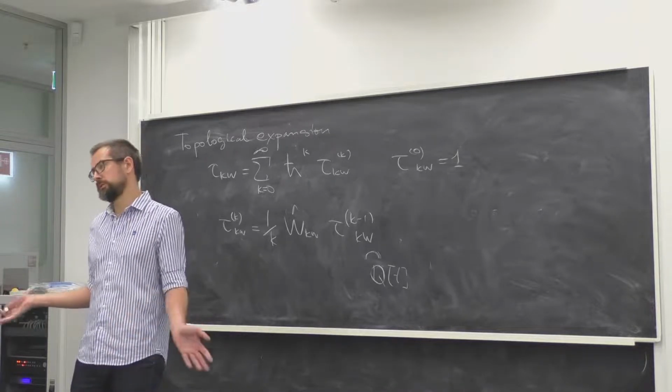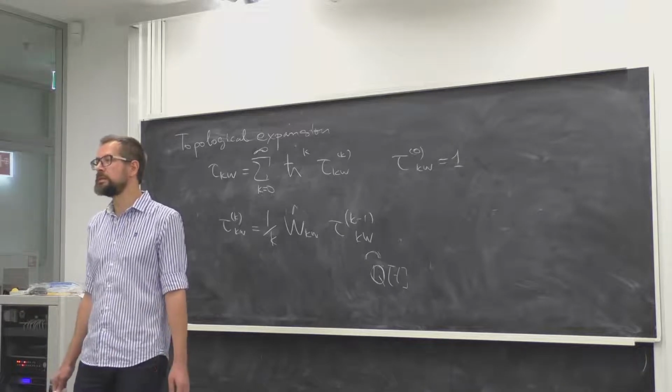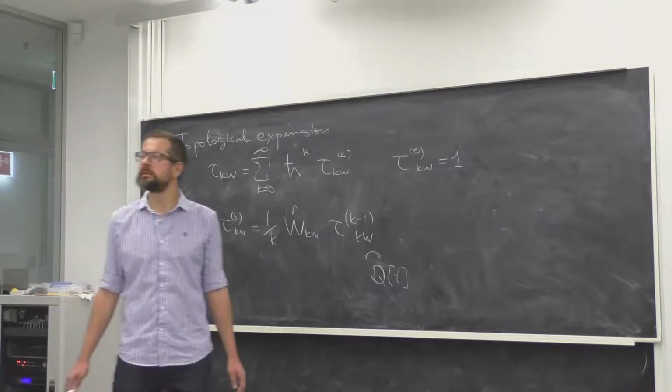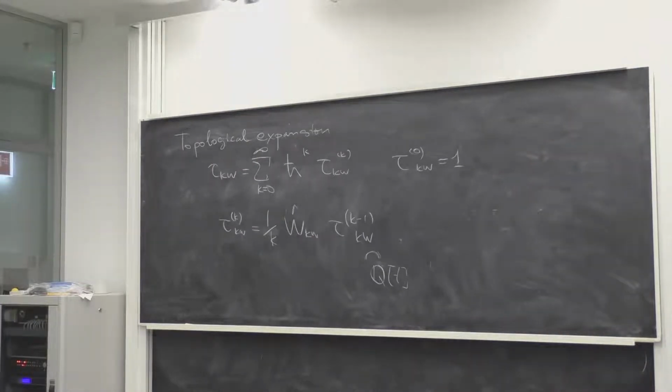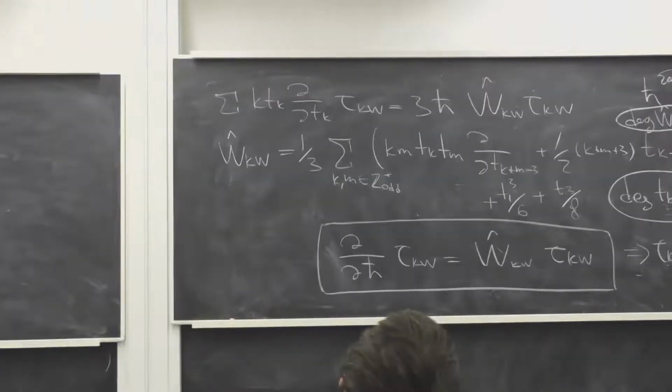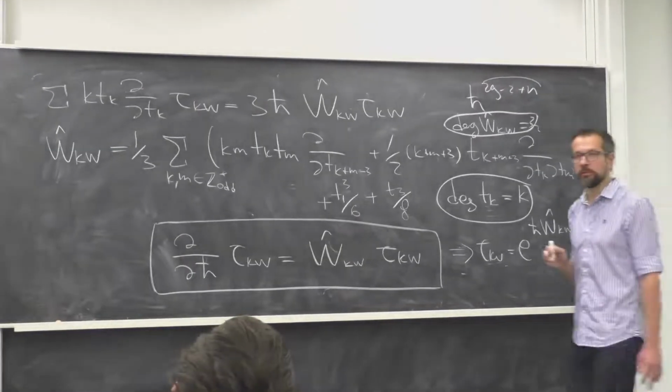And another question: this W hat, is it from GL infinity? No, it's not from GL infinity. This is what I said. I don't know how to relate this description to the integrable properties of the tau function.